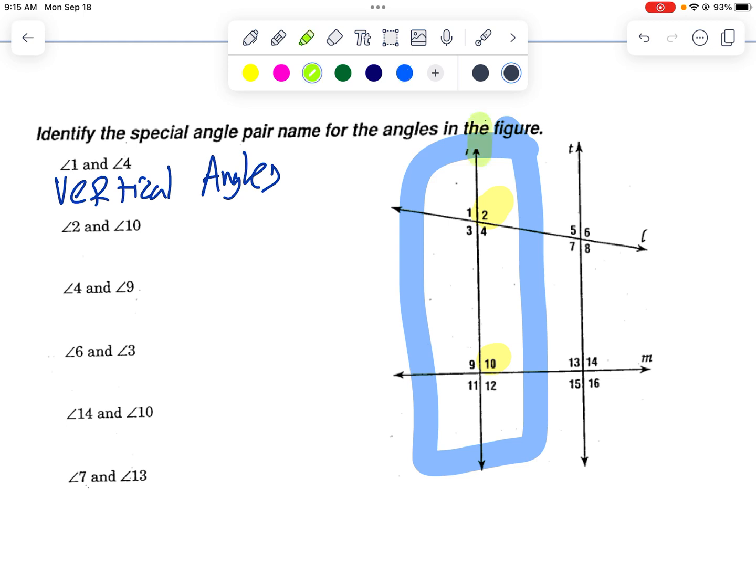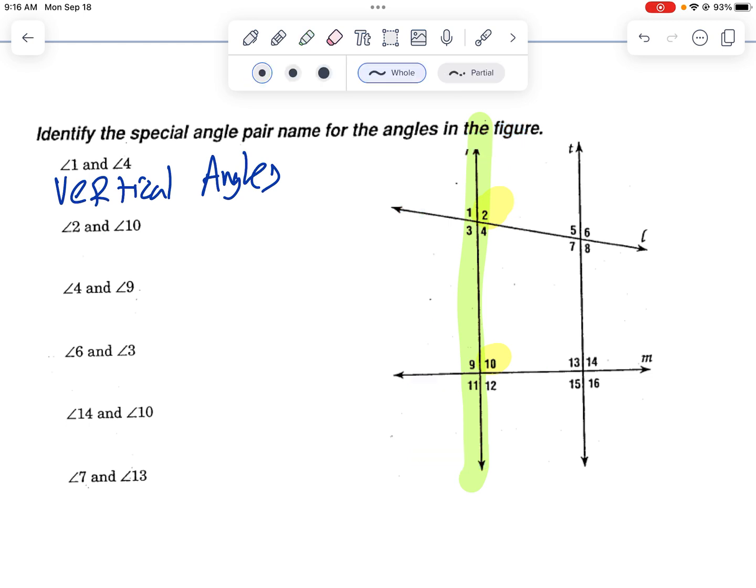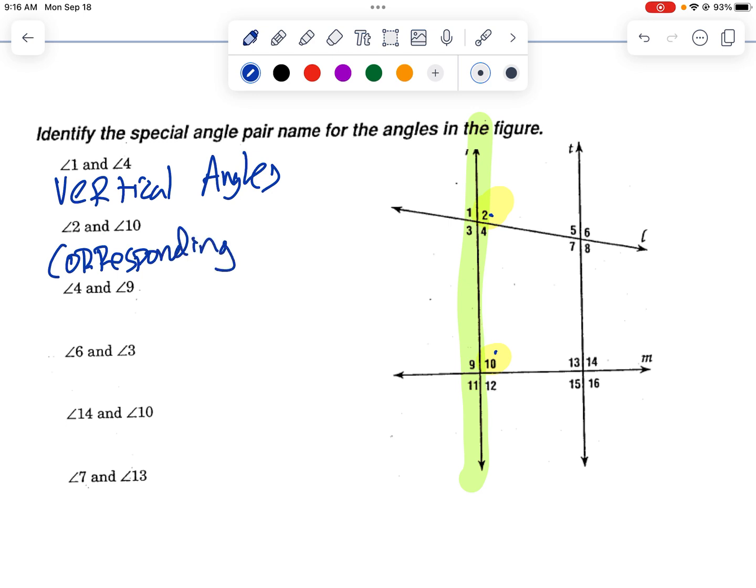The transversal that touches both is this one right here. So identifying what your transversal is will help you to identify the type of angle pair that you have. 2 and 10, if this green line is my transversal, look to be in the same position, so they're corresponding.